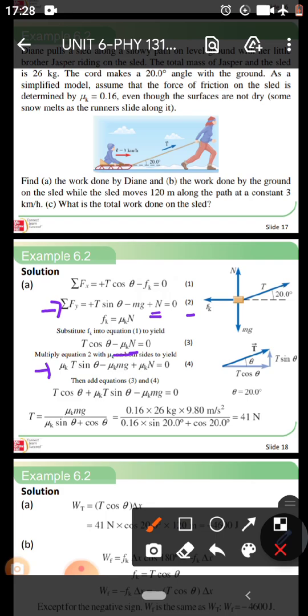Then adding now, we eliminated the mu k n, so this will be the final equation, and then we're solving for T, the magnitude of the tension. This is the force we'll be putting into the equation of work.